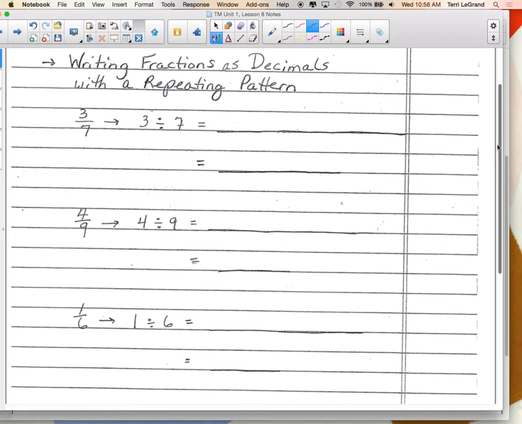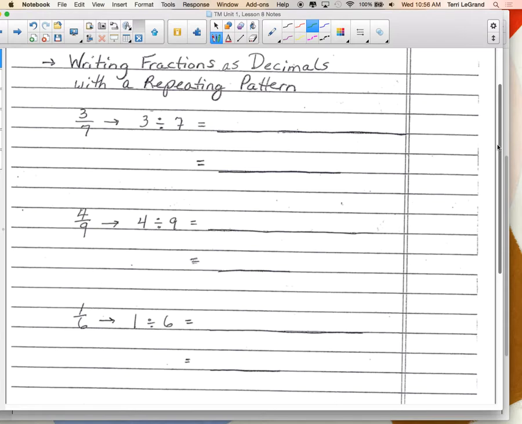Okay. 3/7. Remember to change a fraction into a decimal. We did this yesterday. We take the numerator, we divide by the denominator. What I want you to do right now is do that on your calculators, and on that first line, write down every digit your calculator shows. No repeating bars needed yet. All I want is for you to write what your calculator shows when you do 3 divided by 7.